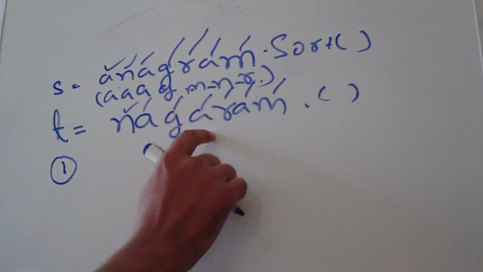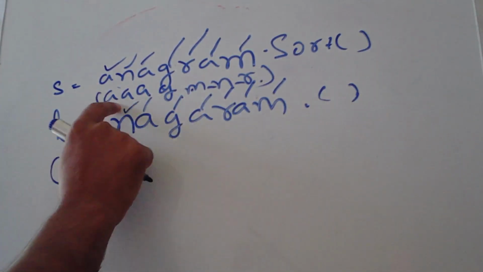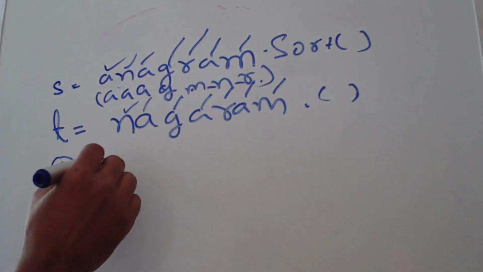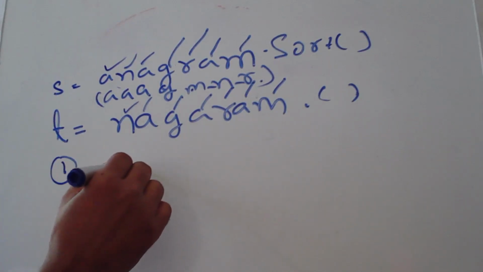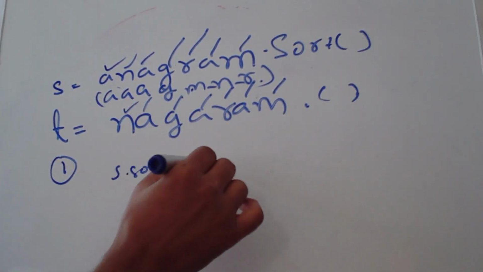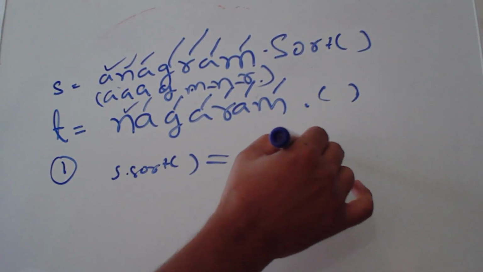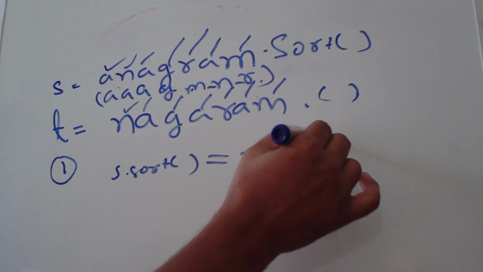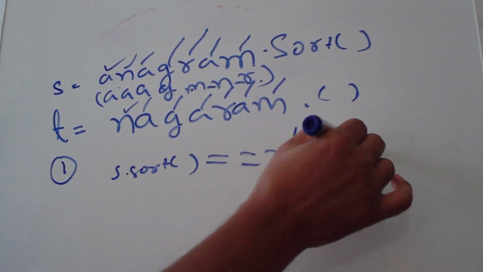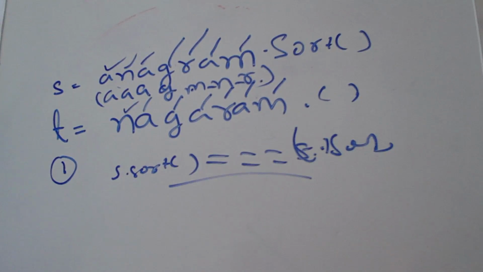And if you sort the second one as well, it will also become the same. So you just have to return whether sorted s is equal to sorted t or not, and this will return your answer.